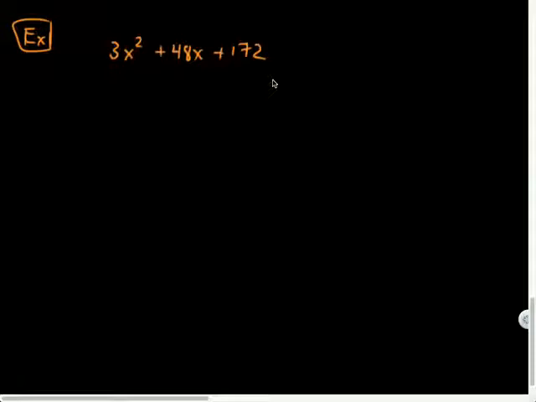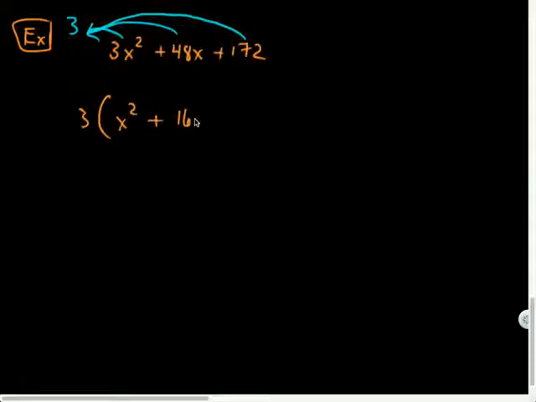The first thing we should always consider: can I factor out a GCF? I could steal a 3 out of these. That's 3 times x squared plus 16x plus 64, if I'm not mistaken. Hopefully my mathematics work. Let me verify.